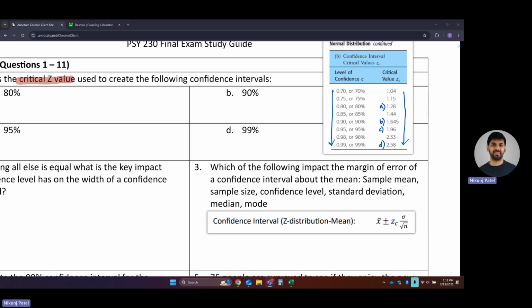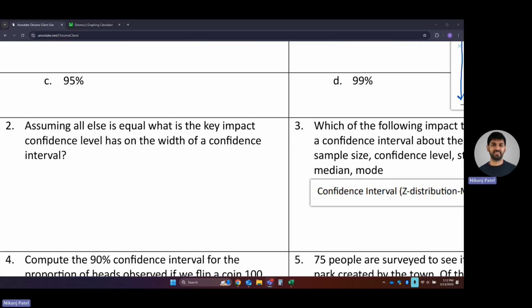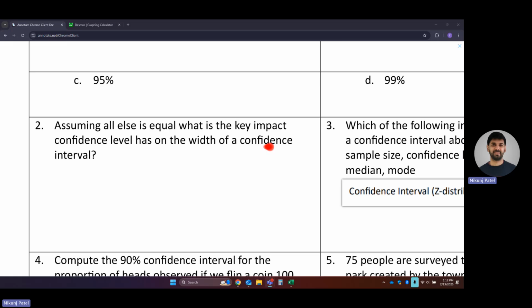They also increase. So you notice 70% going all the way to 99%. And then you see the Z critical values start at 1.04, and then they increase as we go down the list as well. So as your confidence level increases, so does your Z critical value. And so that Z critical value means that the width is going to get larger.